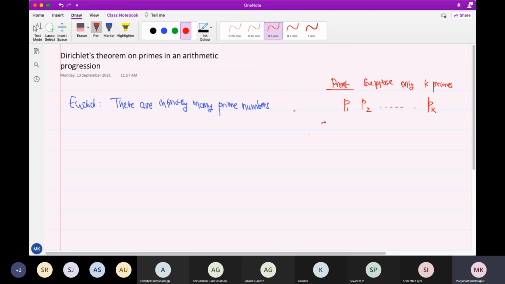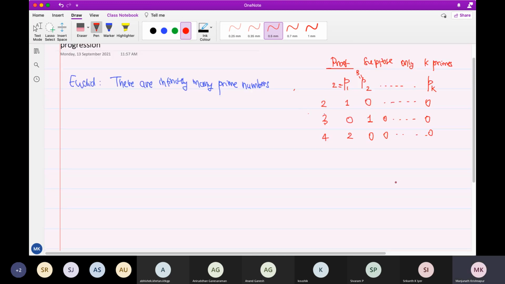For example, 2: we will write the exponents, so we'll write it as 1, 0, 0, and so on like this. So 3 will be 0, 1, 0, 0, 0, 0 like this. 4 will have exponent 2. P1 is the prime 2, P2 is 3, and it goes on up to some number. So 4 is 2, 0, 0 like this.